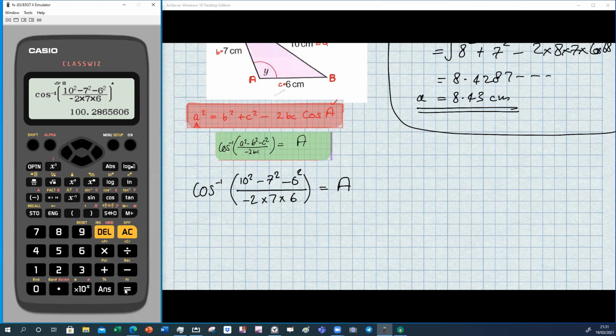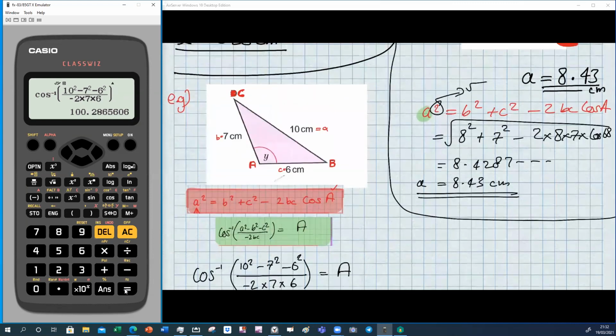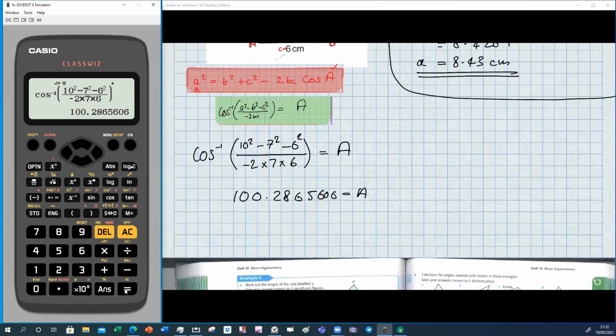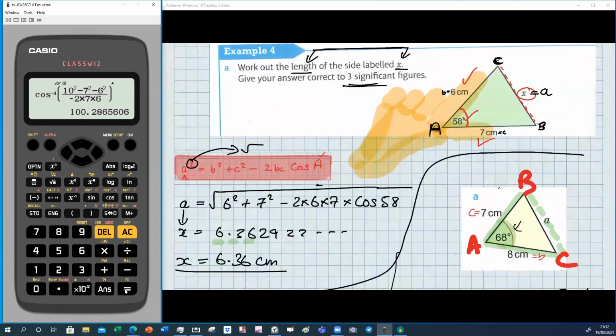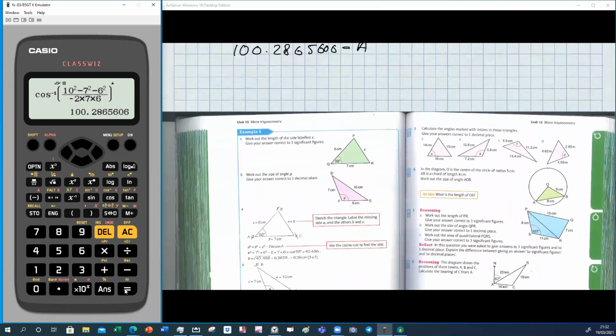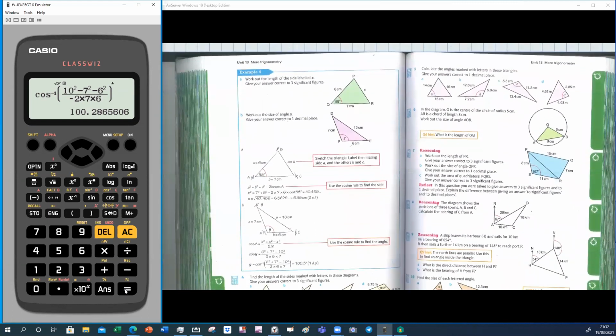Okay, lovely. So there's my answer. I'm getting 100.2865606 equals A. They want the answer to 3 significant figures. Oh no, 1 dp.